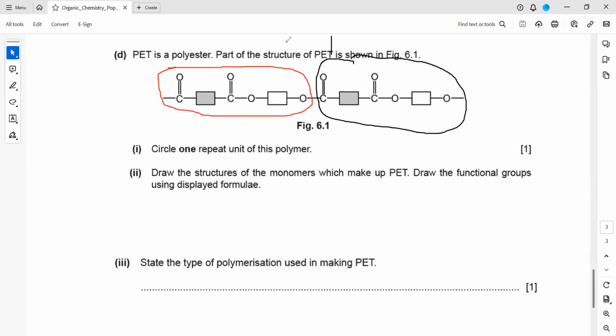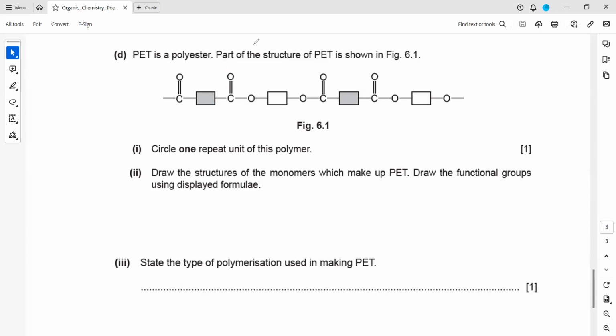When we say repeat units, it means we should get the same stuff. We have to circle a part that is repeating. So first you have C double bonded with O, then C double bonded with O, and then the box. How are these two boxes different from each other? One is shaded, another one is unshaded, so these are two different.